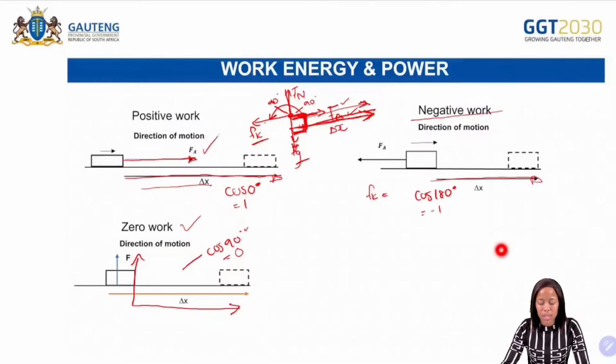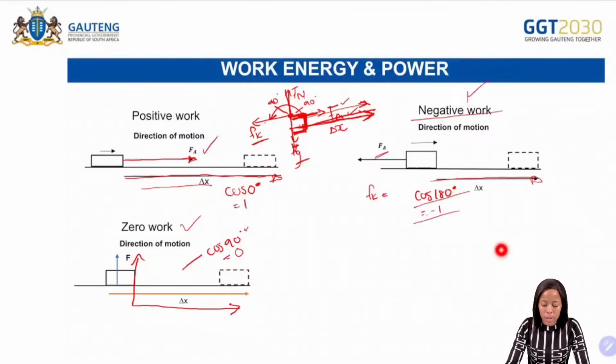Why? Because the displacement and the applied force are in the same direction. But when it comes to negative work, the displacement and the friction or the applied force in this case are in opposite direction. If they're in opposite direction, it means that you are going to have cos 180 degrees. If you have cos 180 degrees, you'll get a negative answer. Negative answer means negative work is done.